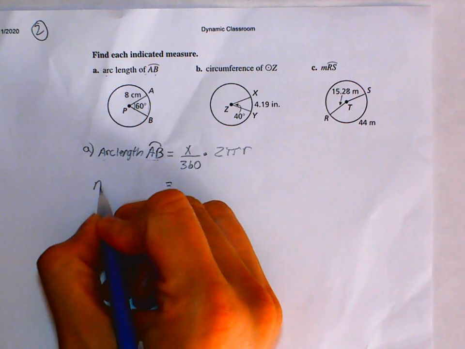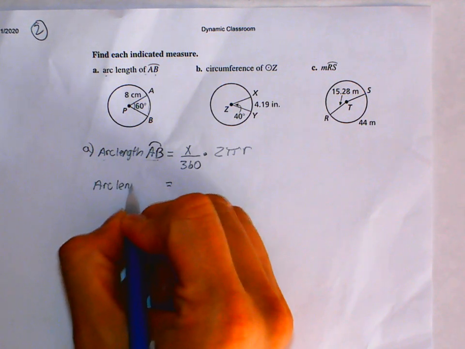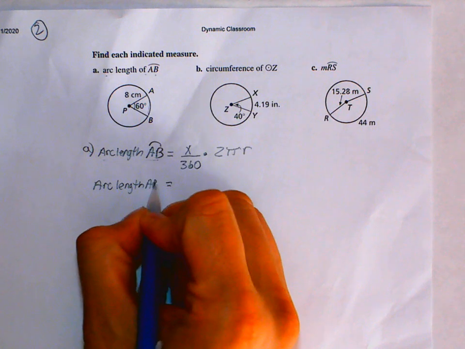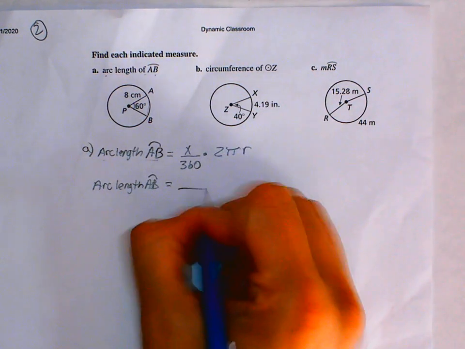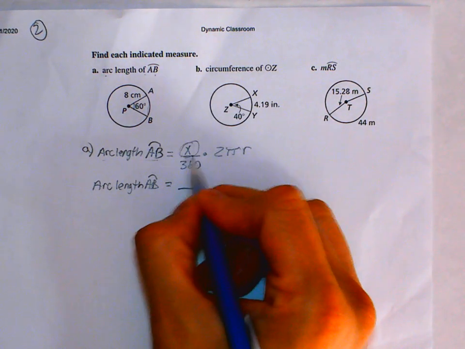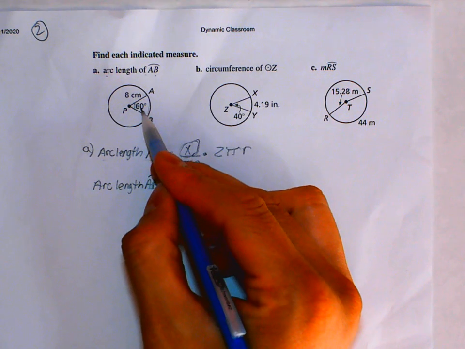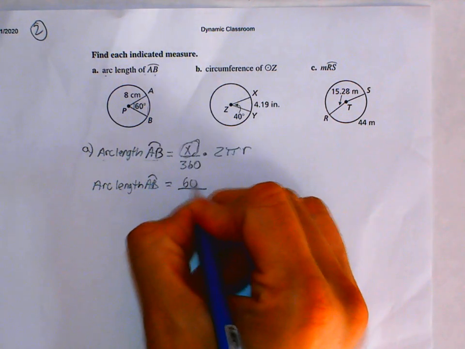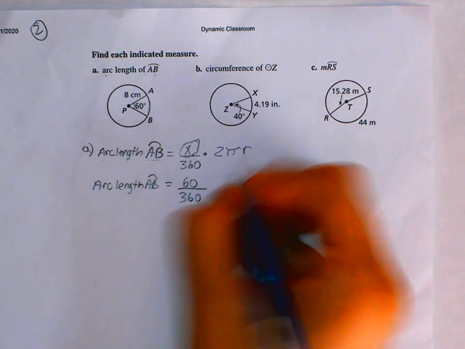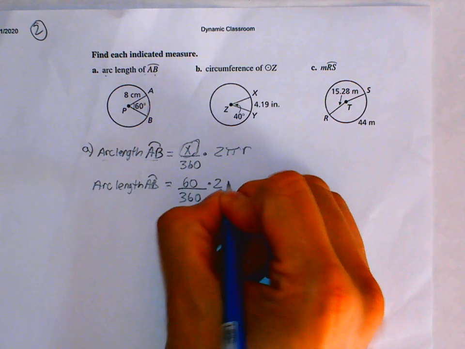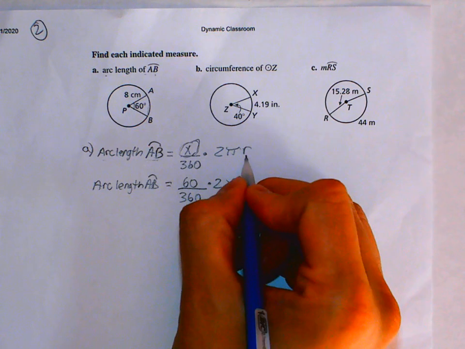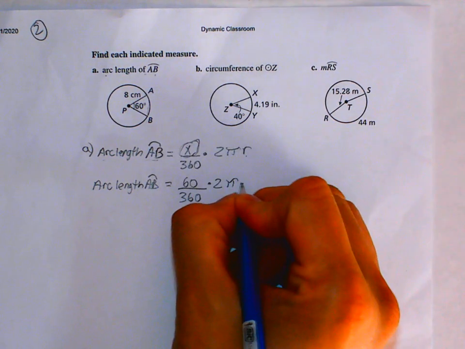So the arc length of AB is equal to, now this x, what is this x? This x represents that central angle, which is 60. 60 over 360 times 2 times pi times the radius. The radius happens to be 8.